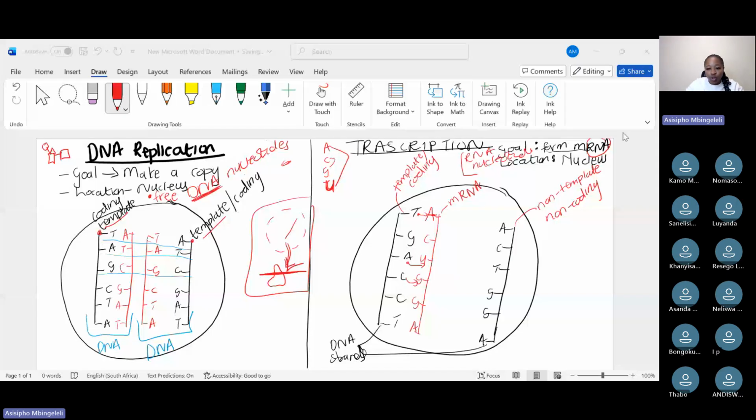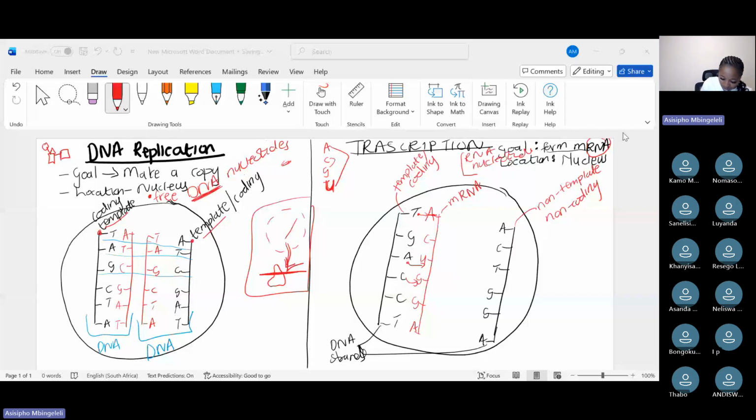So as soon as the messenger RNA, there is our messenger RNA, it leaves the nucleus. It doesn't leave the cell. There is the nucleus over here. It leaves the nucleus and then in the cytoplasm, it finds the ribosome. I'm going to represent this in the ribosome.